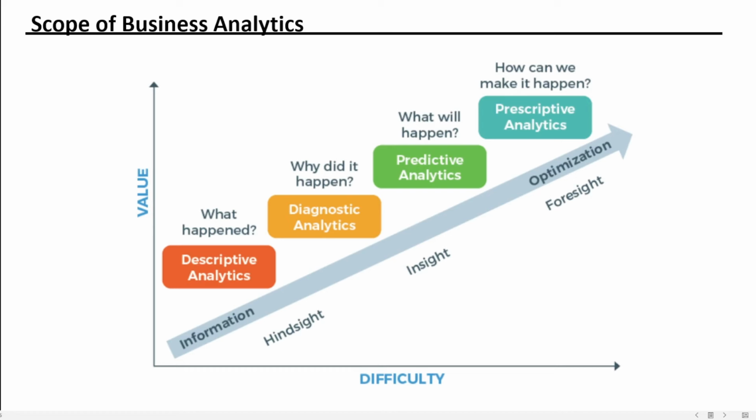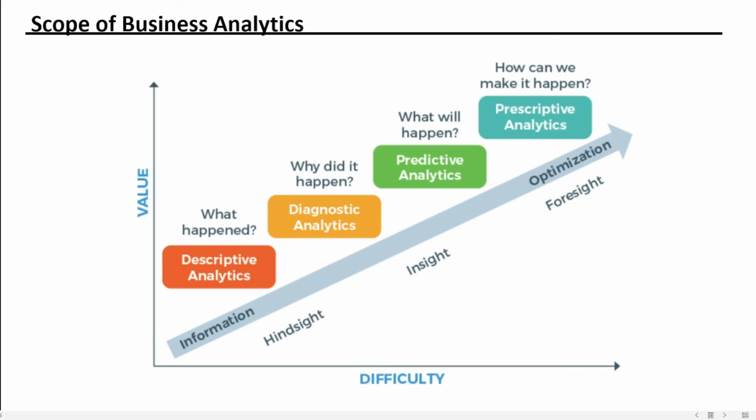So in summary, as you move up the pyramid, data complexity increases, requiring more sophisticated tools and expertise. And the potential value also increases as insights become more forward-looking and actionable. And decision making evolves from reactive, meaning based on the past, to proactive, influencing future outcomes.